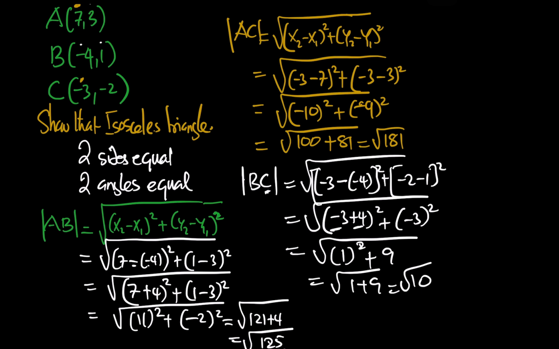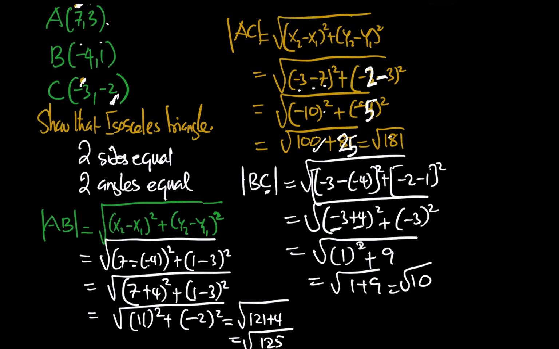Now, let's take a look at the length AC again. x2, negative 3, minus x1, 7, squared: negative 10 squared is 100. Now, y2 here is negative 2, sorry, negative 2, minus y1, which is 3, squared, so negative 5 squared gives us plus 25.